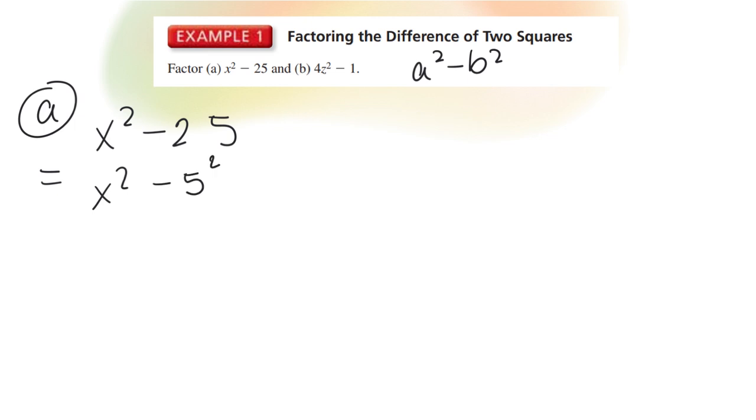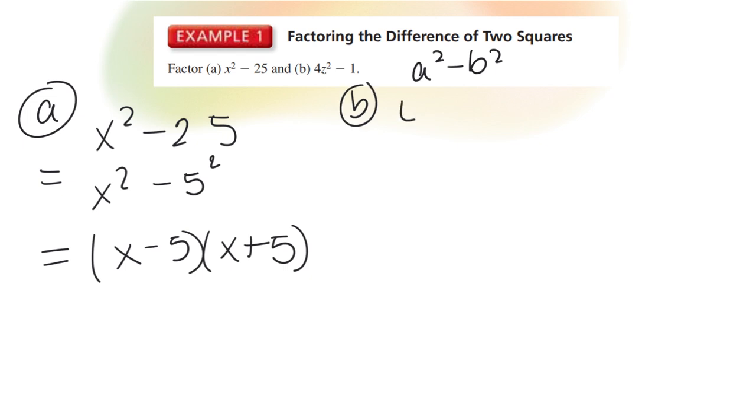Now, for the difference of two squares pattern, remember, one is positive and one is negative, a plus and minus. It's going to be x minus 5 times x plus 5.